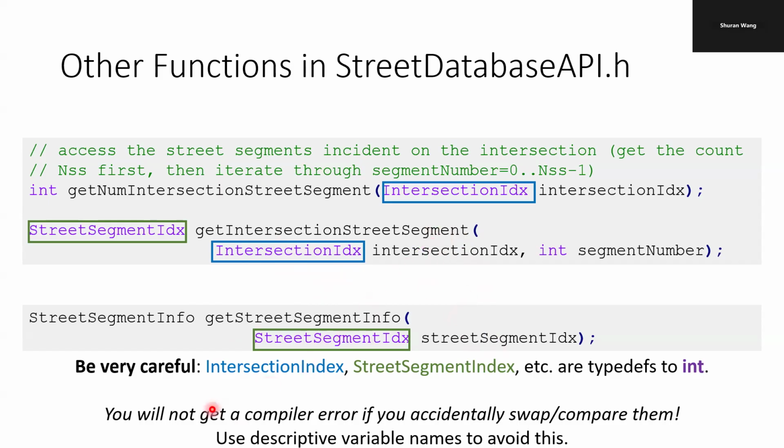So make sure that in your naming conventions for your variables, the name for a street segment index should have street segment in the name. For intersection index, you should have intersection in the name, or at least something related to that, so that you're not mixing up the usage.